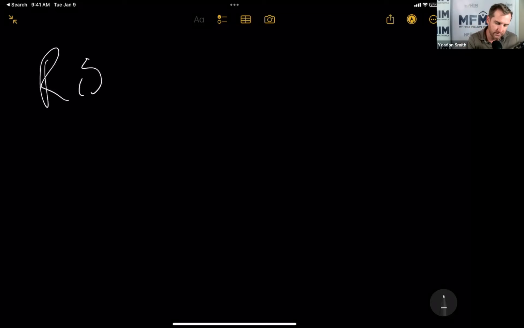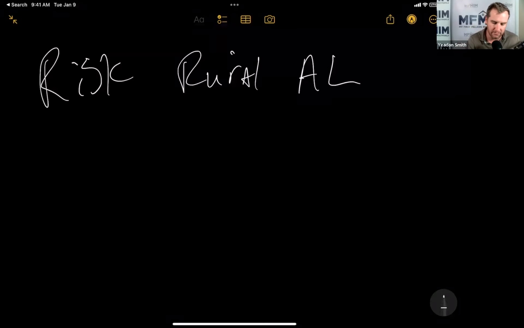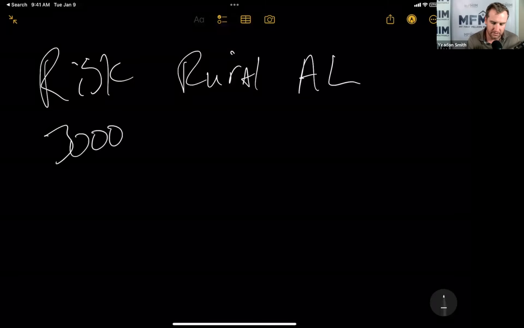So how do we determine what the market cap rate is for our area? Okay, so we're going to look at the area first because the cap rate is determined by the area. Cap rate is a measurement of risk. So if you have a property, let's say it's in rural Alabama, and it's in a small town of 3,000 people.